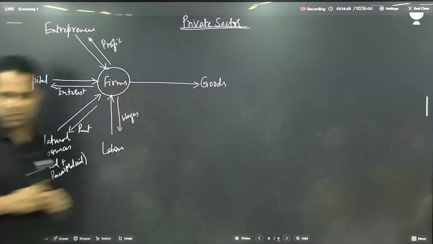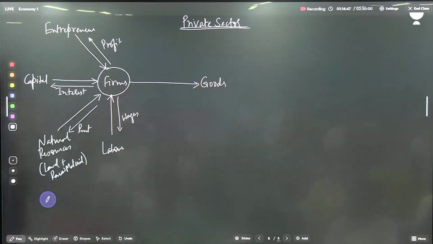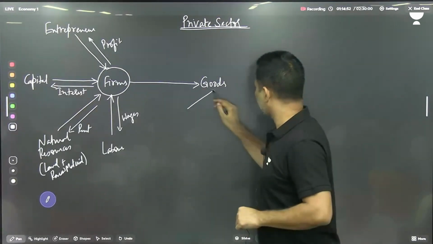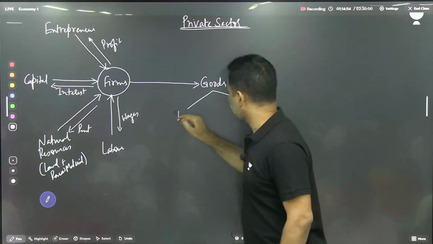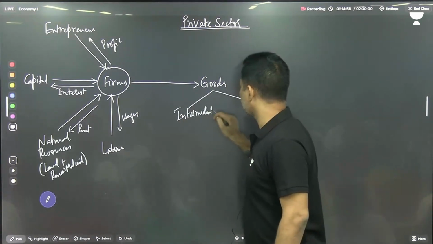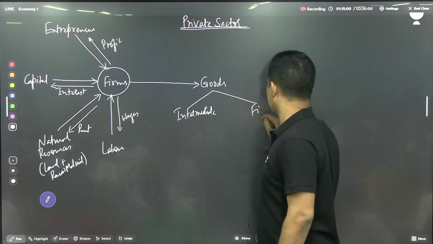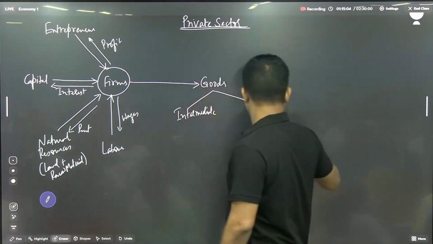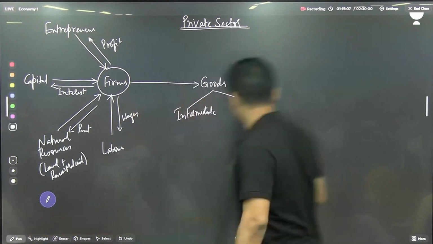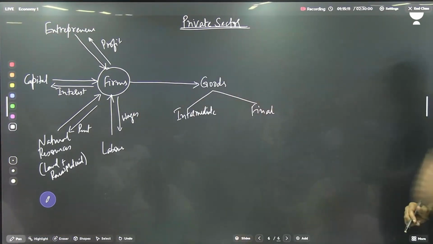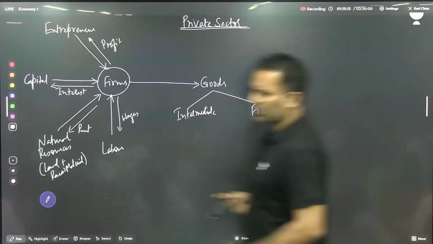समझ गए? Now coming to goods, there can be two types of goods, intermediate and final. इंटरमीडिएट गुड्स किसको बोलते हैं?